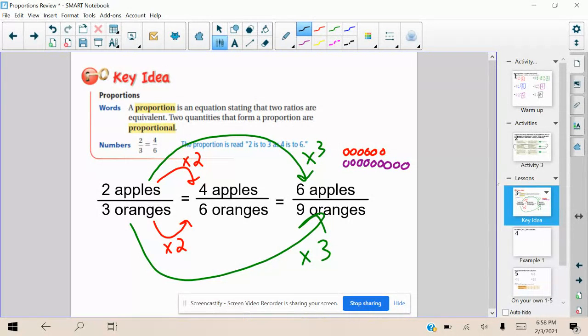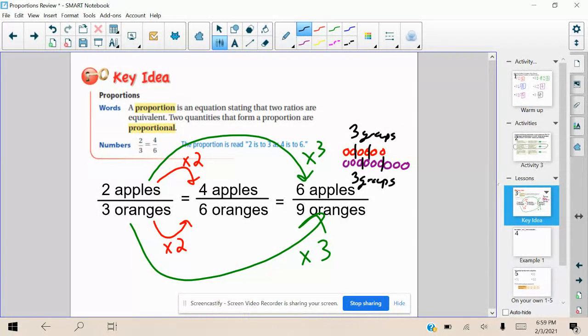I can separate my apples into groups of 2 and my oranges into groups of 3. Notice I have 3 groups of apples that have 2 of them in each, and I have 3 groups of oranges that have 3 in each. So we have the same amount of groups. We just broke it up in the equivalent relationship, the equivalent ratio, right?